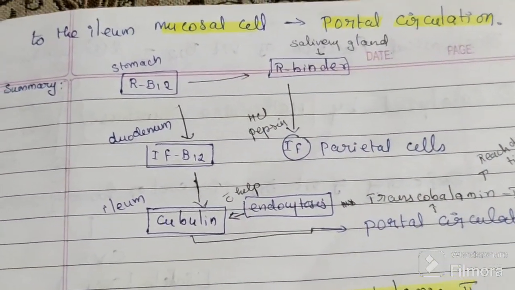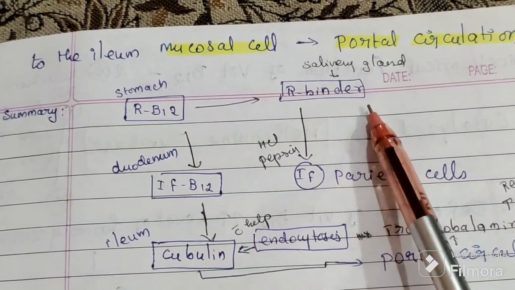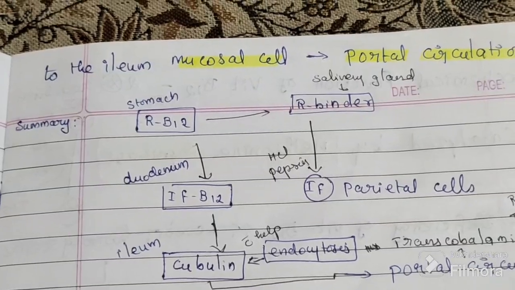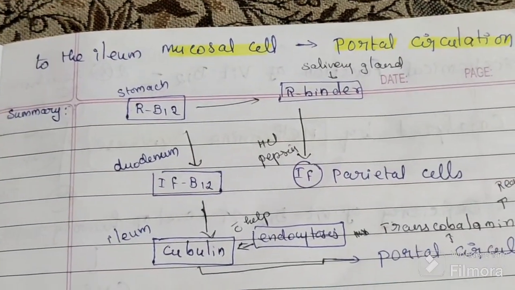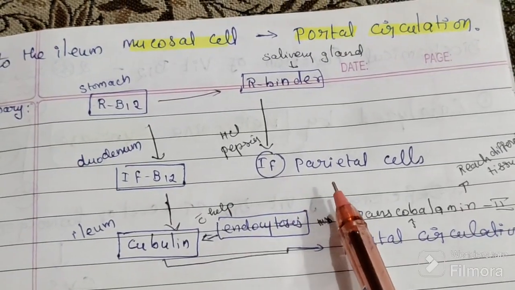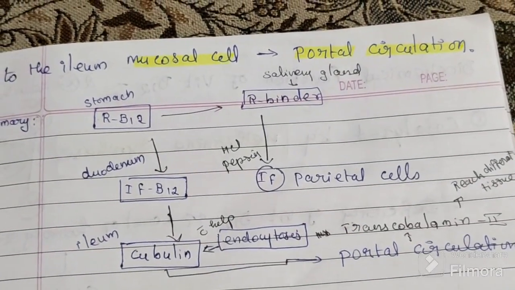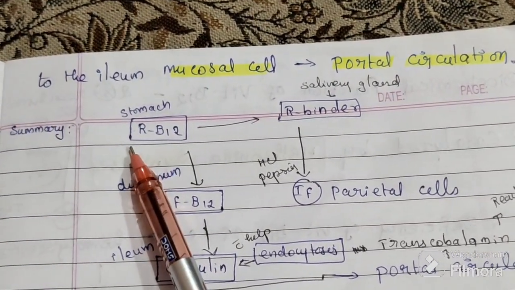So what is the summary? R-binder is secreted by the salivary gland. Intrinsic factor is secreted by the gastric parietal cell. With the action of HCl and pepsin, vitamin B12 is released from food.